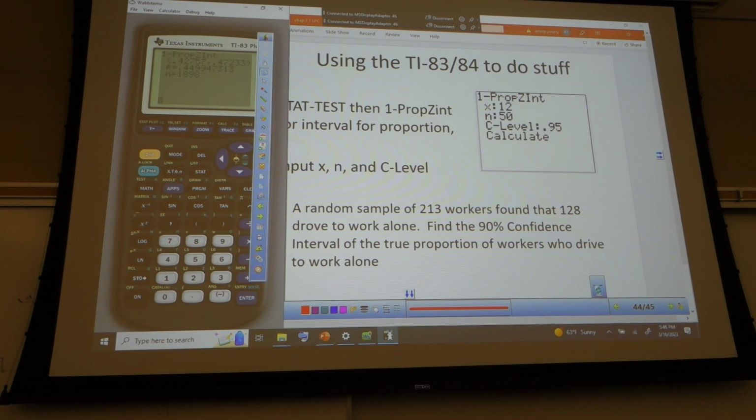Stat, Test, 1-PropZInt. You got this? Sorry, what was your X? 128. And N is 213. And a 90% confidence interval.